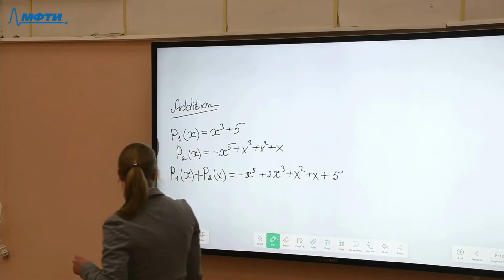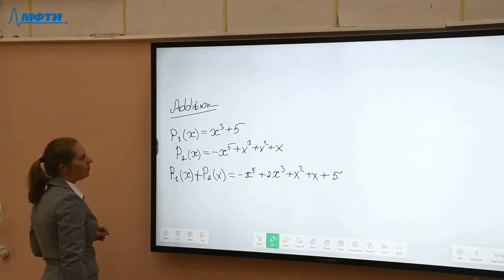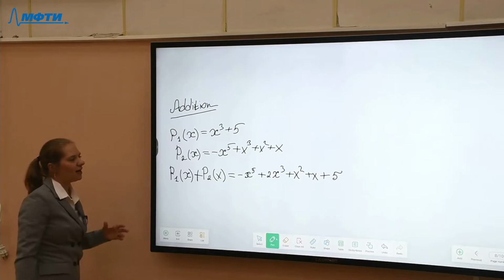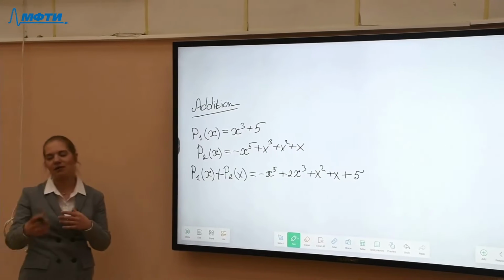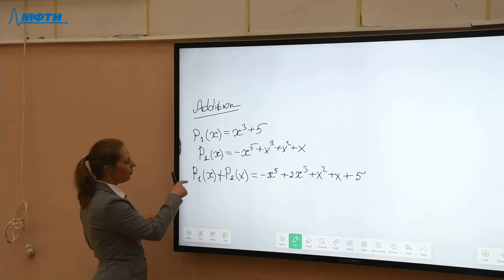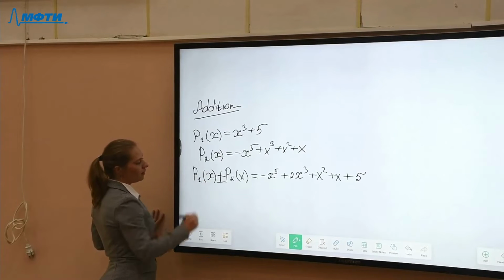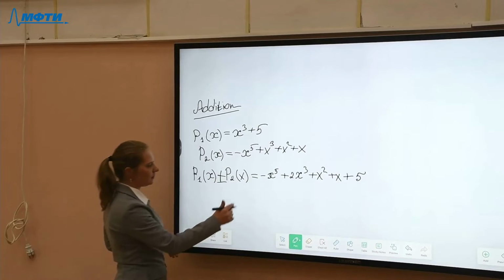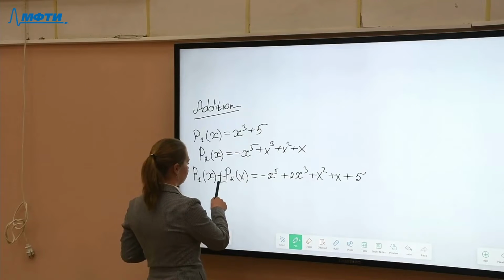If we want to subtract two polynomials, we multiply one of them by minus 1, and then we add them.